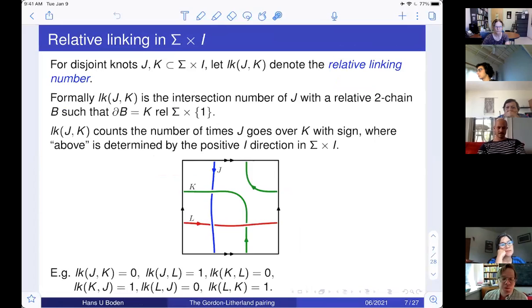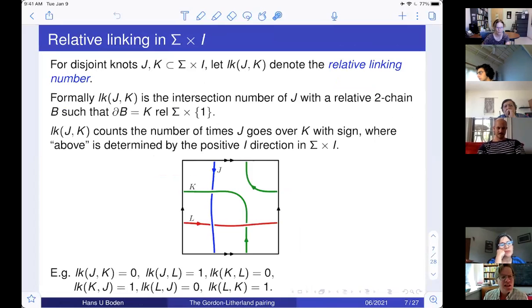So the principal player in this, a sort of fundamental role, is played by something called the relative linking number. So let me talk about how we compute linking numbers in thickened surfaces.